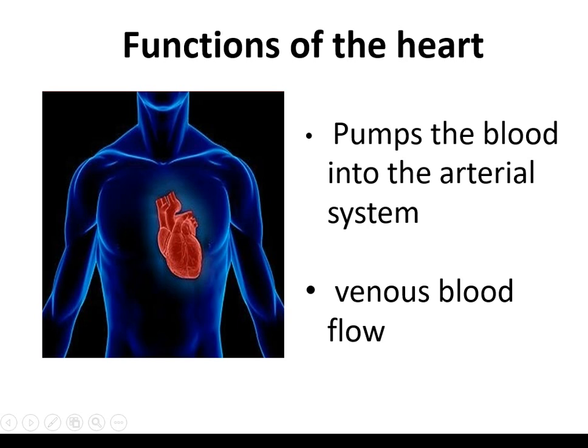Functions of the heart: the heart pumps the blood into the arterial system and regulates the venous blood flow. The heart lies inside the thoracic cavity and pumps the blood into the arterial system and regulates venous blood flow.